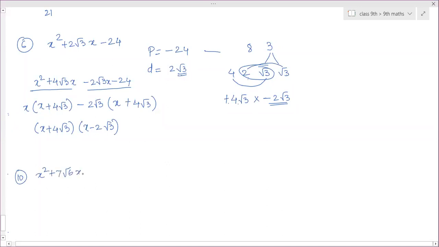Ma'am, these are the questions on the same worksheet. Yeah, same worksheet, 3C. In the beginning, I had not given you all the questions to solve. Some questions we left, those questions on irrational numbers.